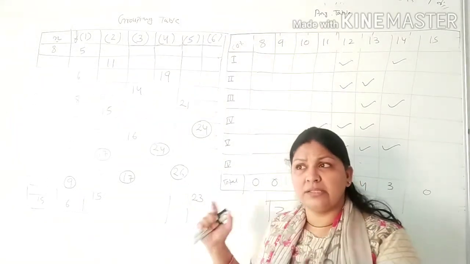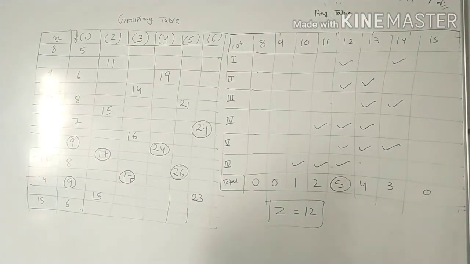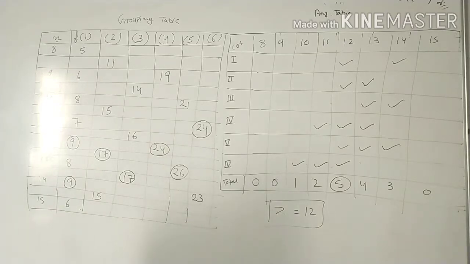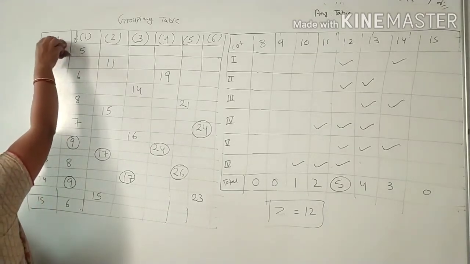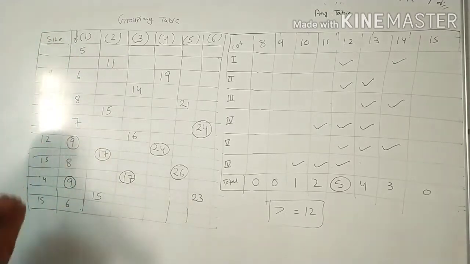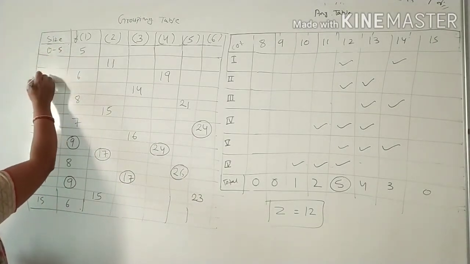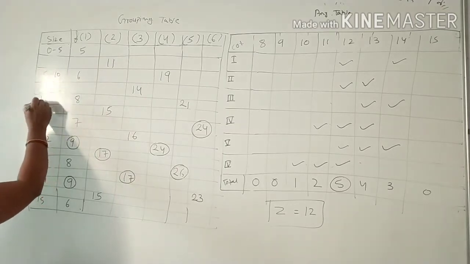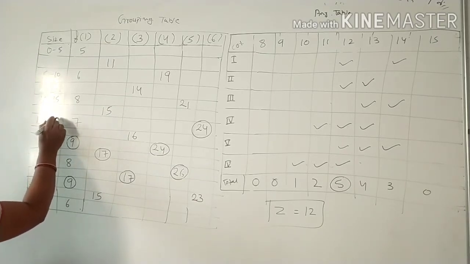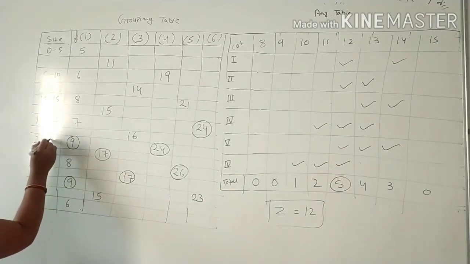So we just see that example with the help of the numerical. Just write down. Find out the mode from the series with the help of the grouping method. So write down the 0 to 5. First is 0 to 5, second is 5 to 10, third is 10 to 15, fourth is 15 to 20, and last is 20 to 25.